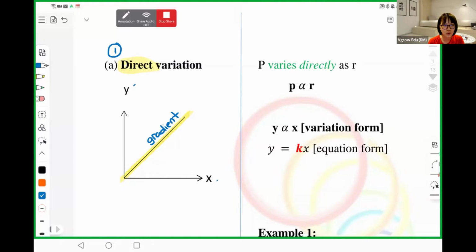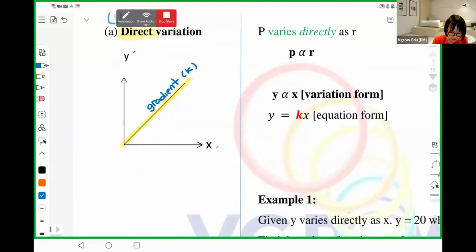Just to let you know, direct variation, look at the graph, it will be represented by a straight line. When x increases, y will increase at a rate, meaning gandaan, the constant. You have to take note that the graph must pass through the origin.